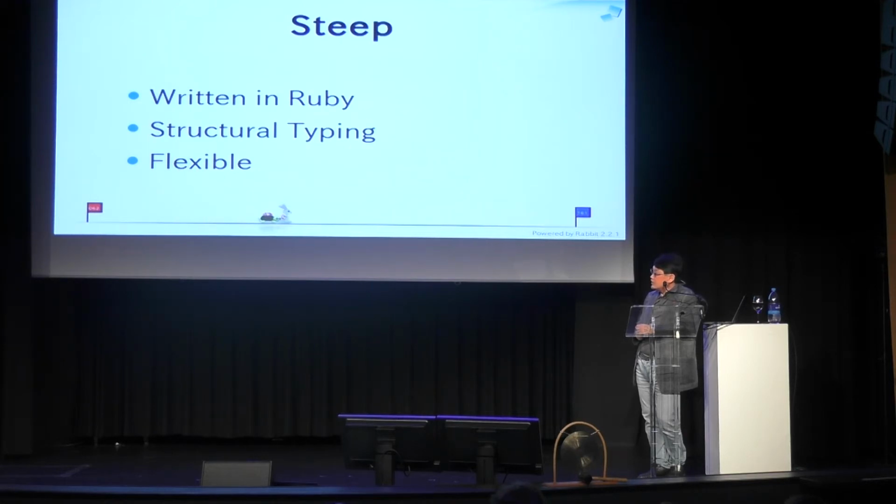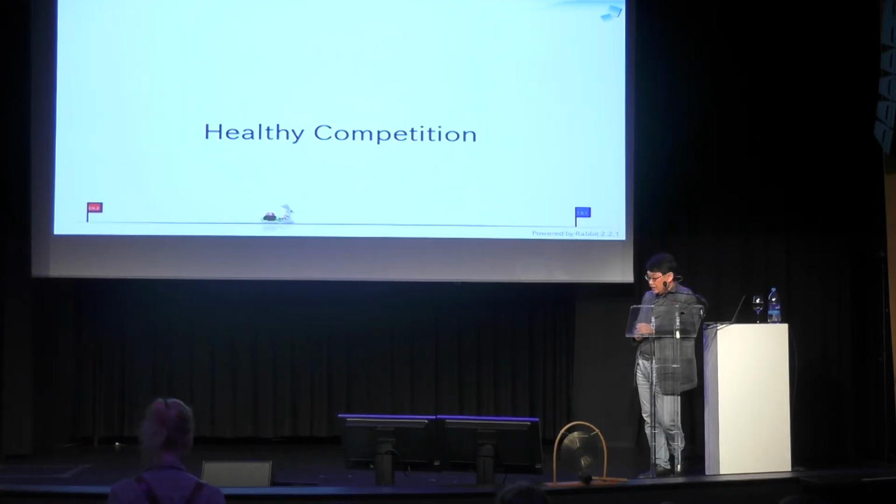And since it's written in Ruby, you can play with some kind of type checking systems, and it's more flexible. I expect that those two can have a healthy competition. Those teams will have meetings together.